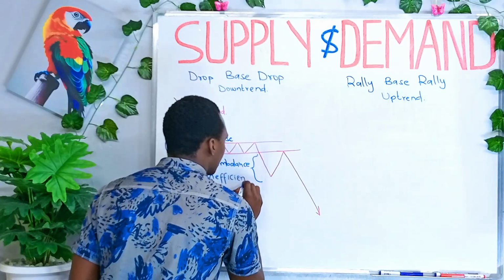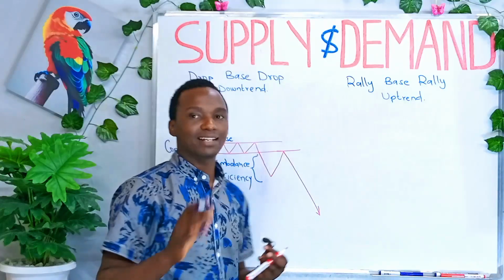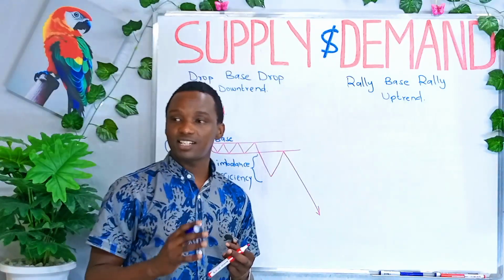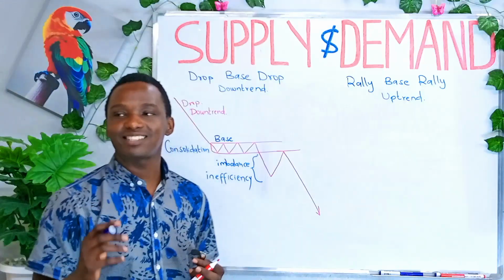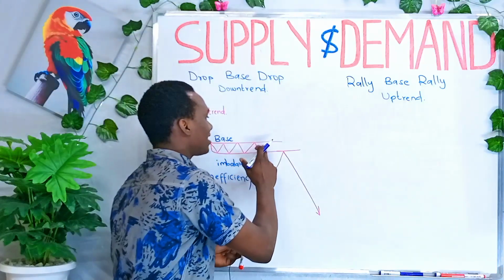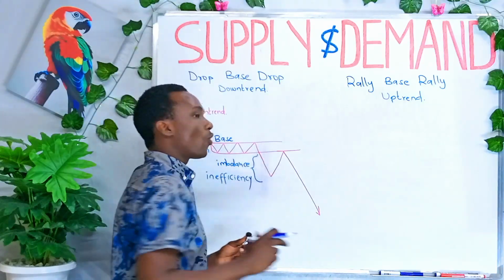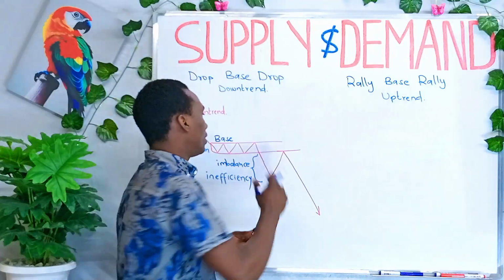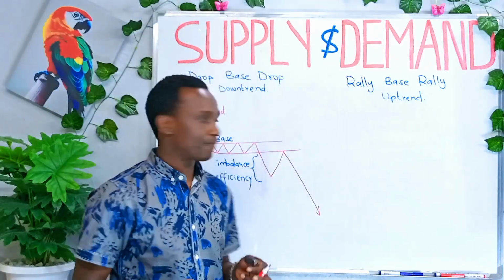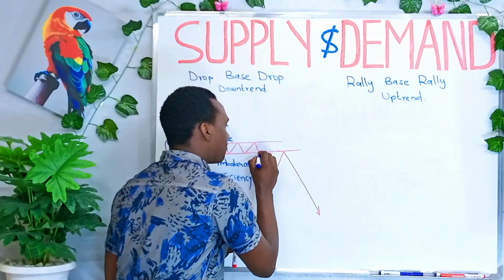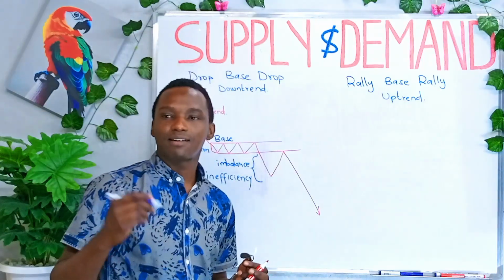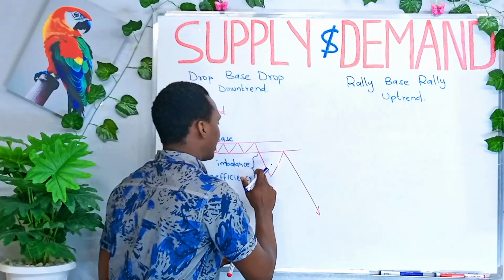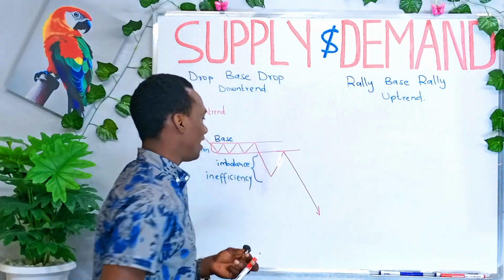Remember that we said market movements are created by efficiencies and inefficiencies in the market. In this consolidation, when the strength of buyers and sellers is equal, it is an efficient market. But once this imbalance, which some will call fair value gaps, is created, this is an inefficiency.